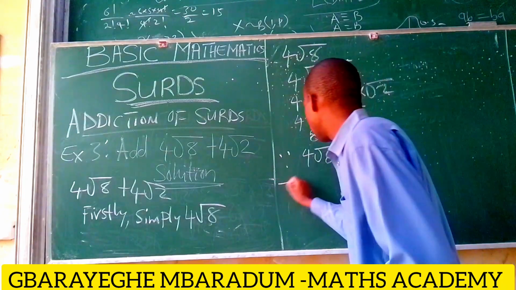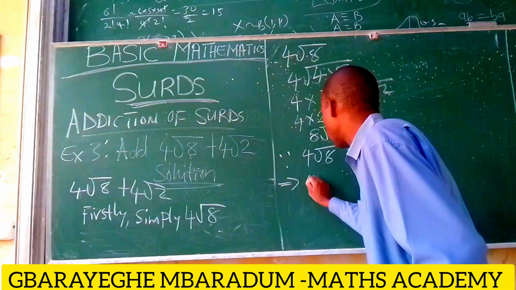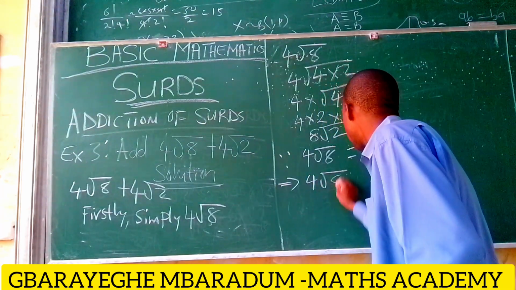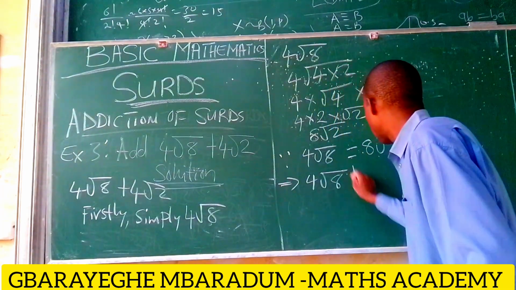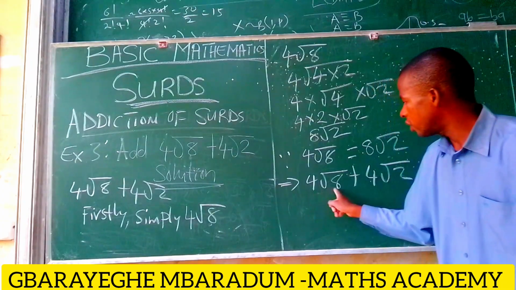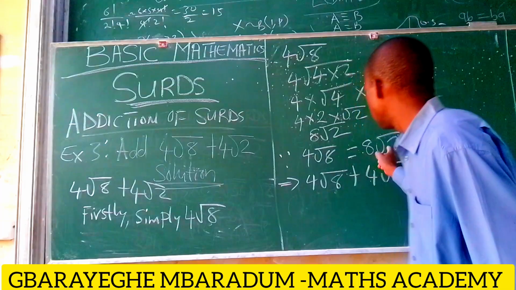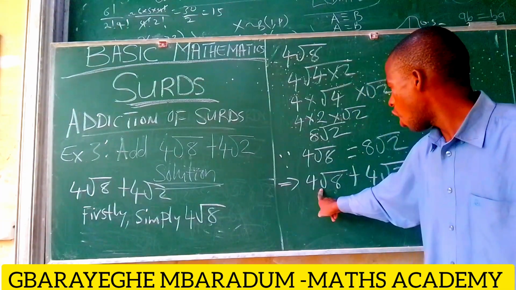Now, going back to the question they gave us, which is 4 root 8 plus 4 root 2. We know that our 4 root 8, when we simplify further, is 8 root 2. So we put this in place of 4 root 8.